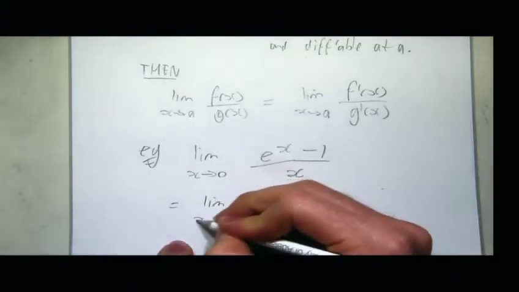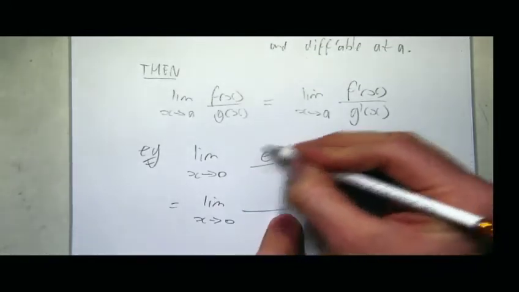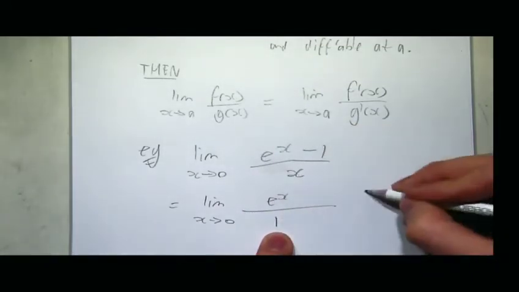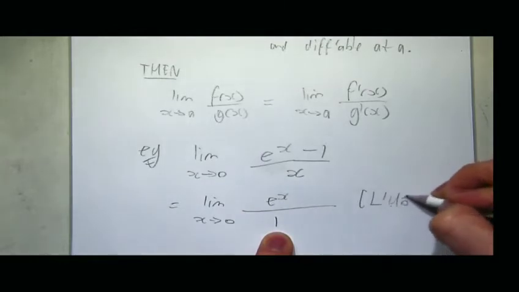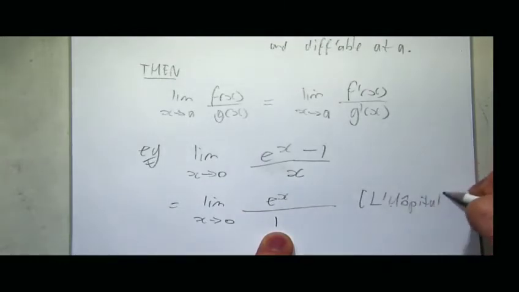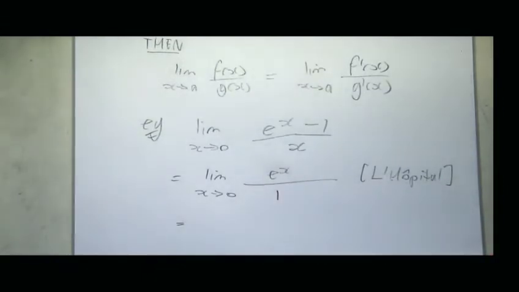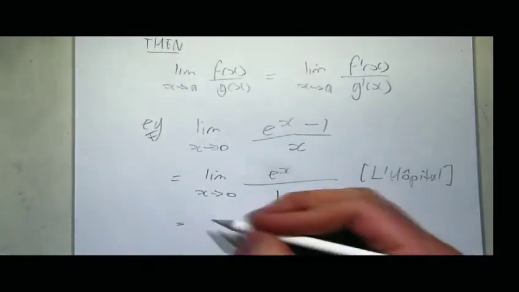The limit of the top is 0, the limit of the bottom is 0. So if I differentiate the top and bottom, derivative of e to the x is e to the x, derivative of 1 is 0, derivative of x is 1. So this is using L'Hopital's rule. And now I can just sub it in because the bottom's not 0 anymore.